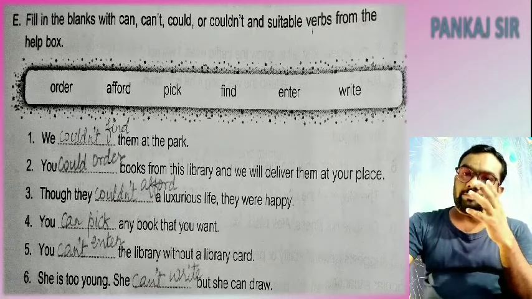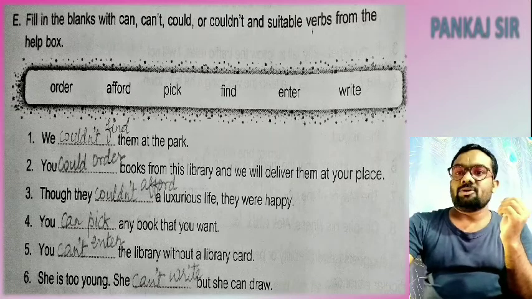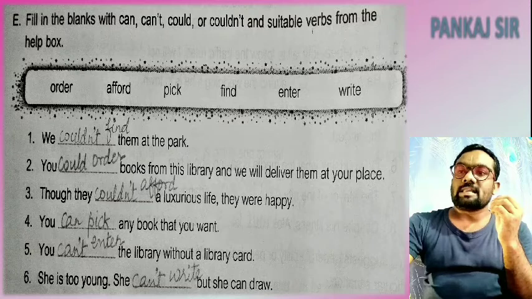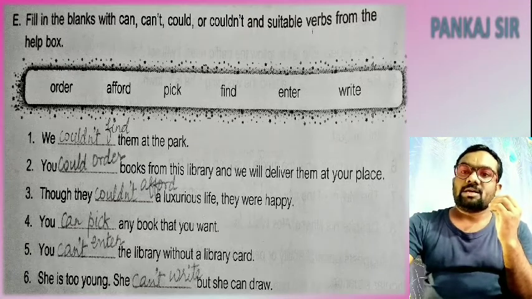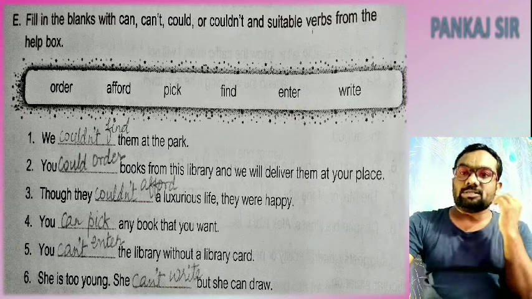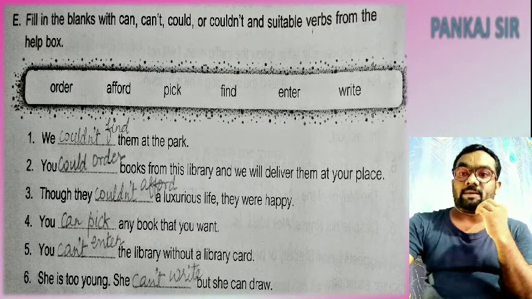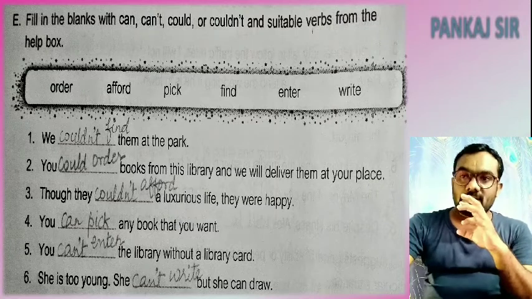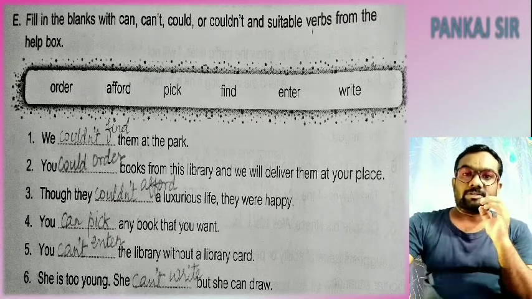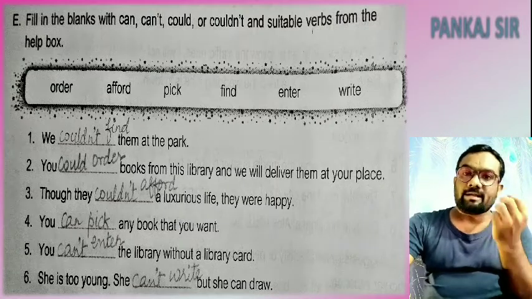What I felt is suitable, I have used here. Then: you could order books from this library and we will deliver them at your place. Okay. Then: though they couldn't afford a luxurious life, they were happy. Past is given. Though they don't have that, but they are happy.